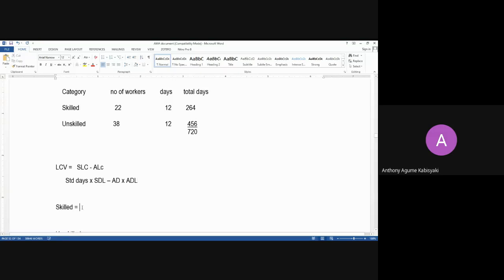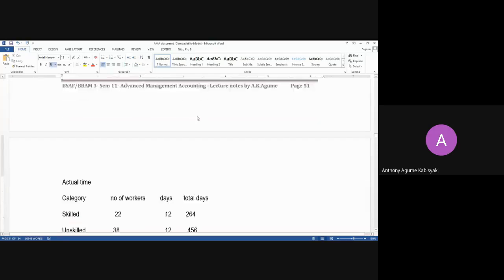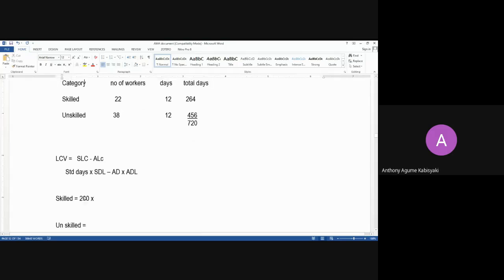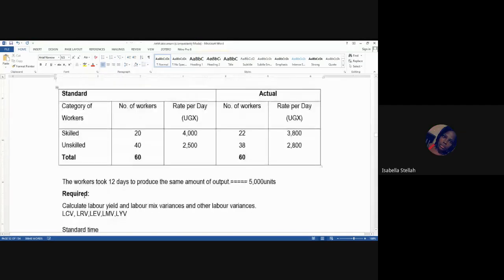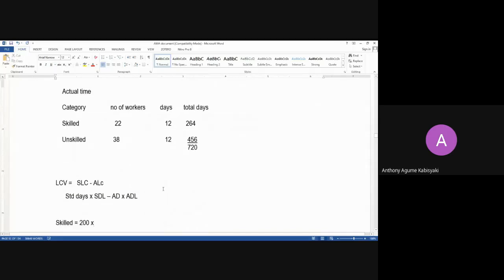So my standard days for skilled is 200, because there are 20 workers and each worker works for 10 days. The standard rate for skilled is not 100, the standard rate is 4,000. So I multiply 200 by 4,000.